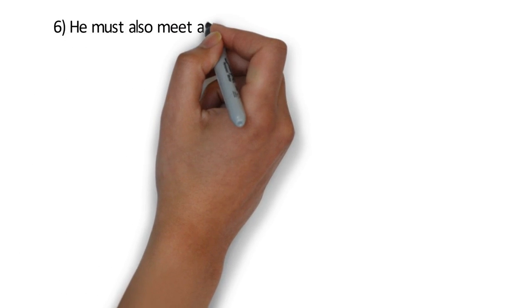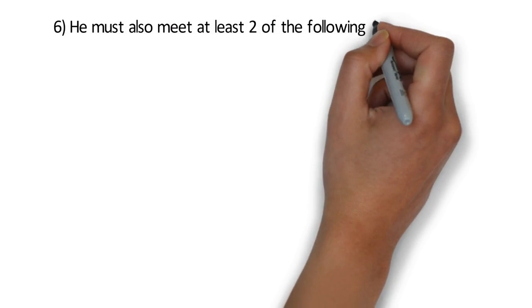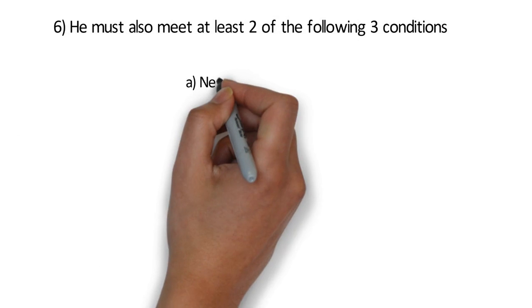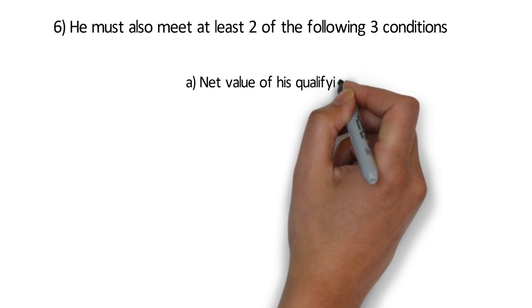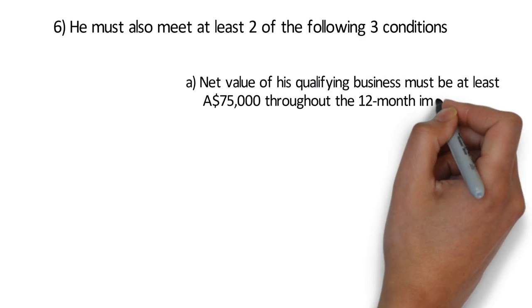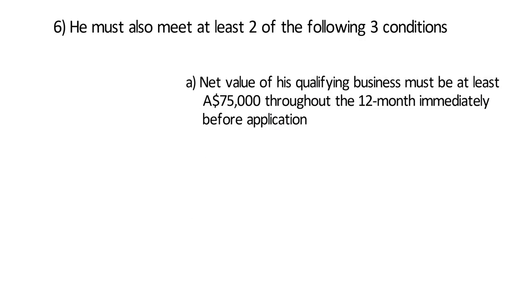And number 6. He must also meet at least 2 of the following 3 conditions. A. Net value of his qualifying business must be at least 75,000 Australian dollars throughout the 12 months immediately before application.